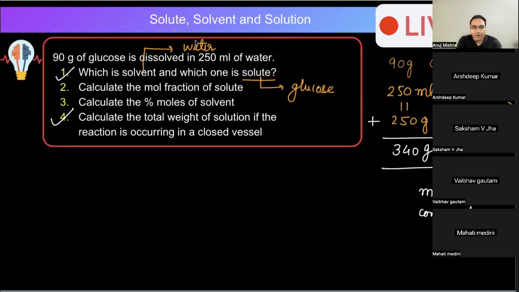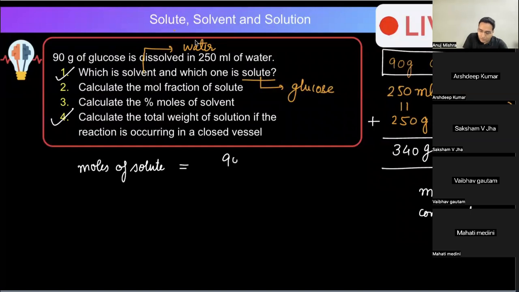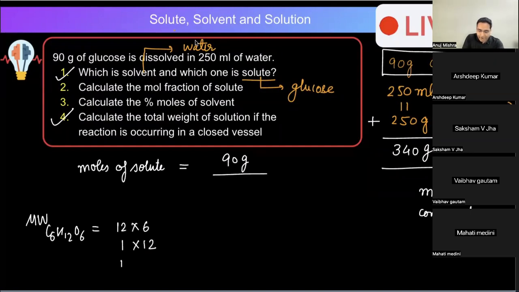Excellent. Now, can we solve question number 2? Let's try. What are the moles of solute? The weight of solute is 90 grams. What is the molecular weight of glucose? Molecular weight of C6H12O6 would be 12 multiplied by 6, 1 multiplied by 12, and 16 multiplied by 6.